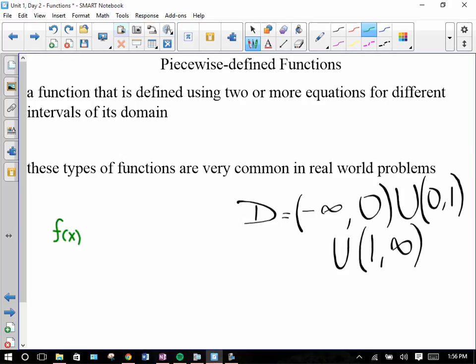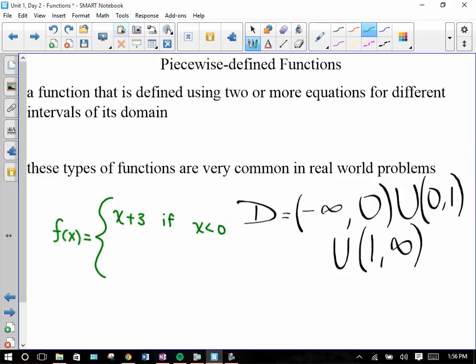So what you might see is something like this. f of x is equal to, and then you're going to have a bracket. And what it's going to say is f of x is equal to x plus 3 if x is less than 0.